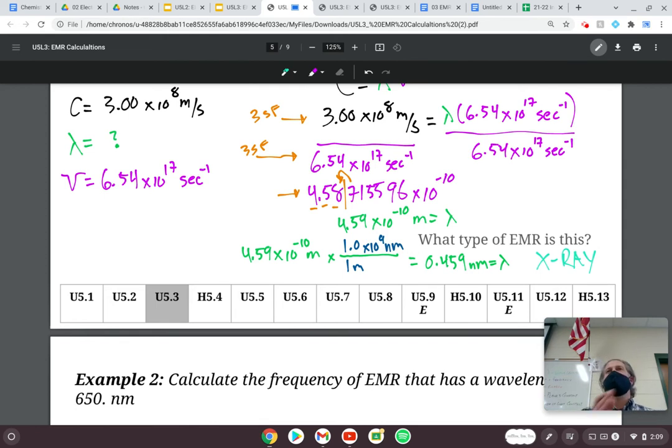In this case, because the original number was times 10 to the minus 10 and the conversion was 10 to the 9, we moved the decimal 9 places. In theory, you can move the decimal a number of places, but it won't always be simply pushing it over one spot. Does that answer your question?